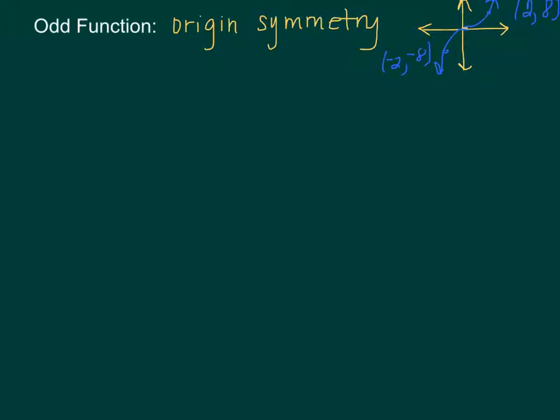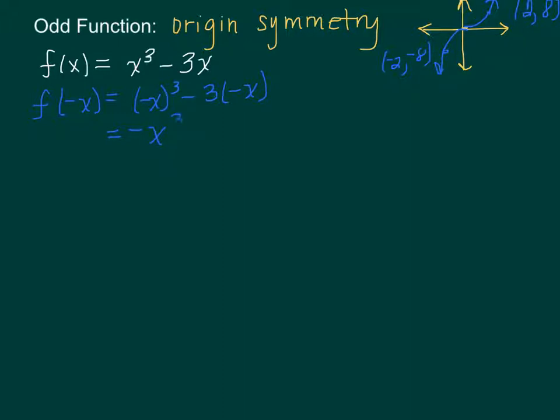So as an equation, if you had something like this, f of x, and you make all the x's negative, then when you cube a negative, it becomes negative. And when you do -3 times negative x, this becomes positive.